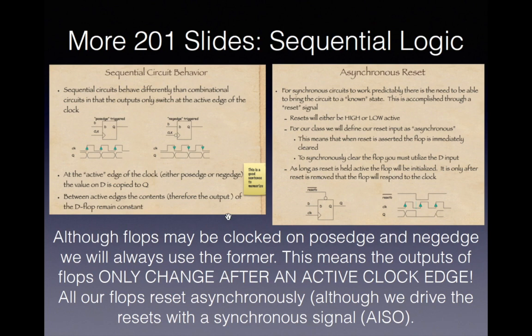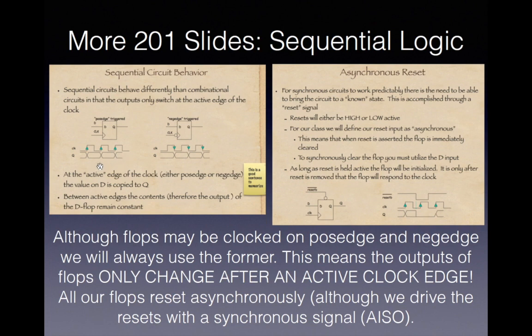Now I want to linger here just a moment. Whenever I ask students to draw timing diagrams, inevitably someone will show signals on the output switching randomly, switching in the middle, switching just crazily. Immediately I realize this person does not understand how flip-flops operate.